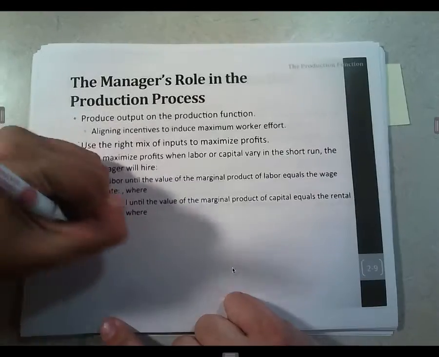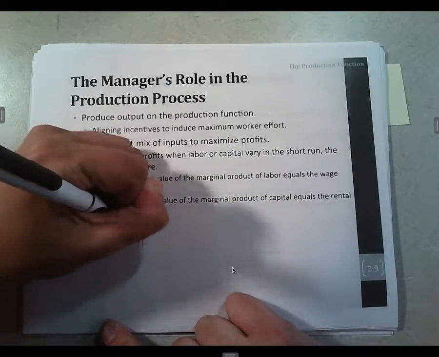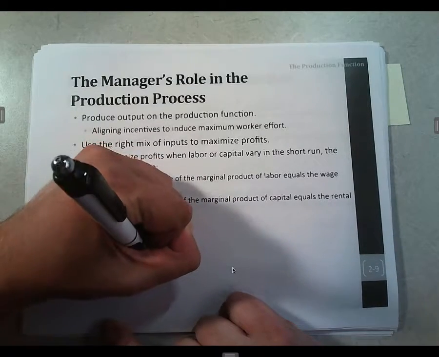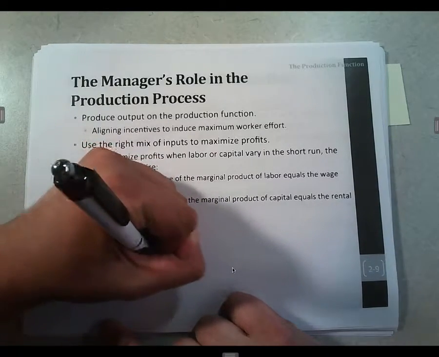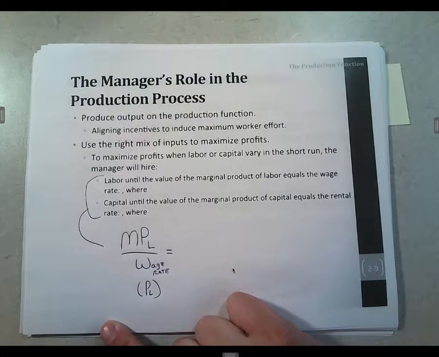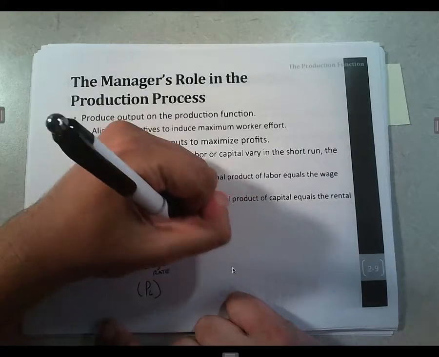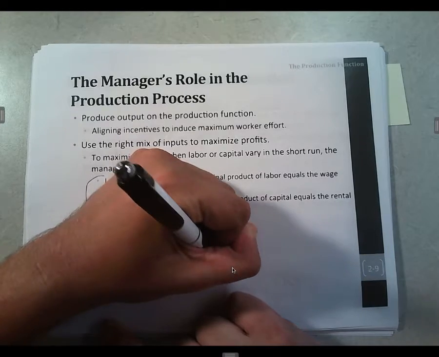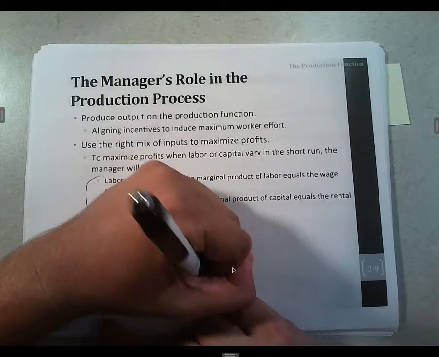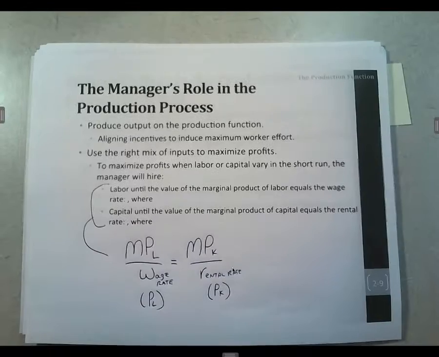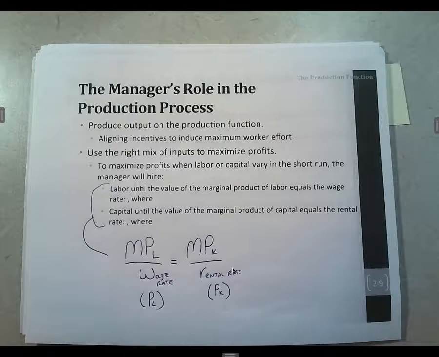What this is saying in mathematical terms is that the marginal product of labor over the wage rate, which is essentially my price of labor, is going to equal the marginal product of capital over the rental rate.